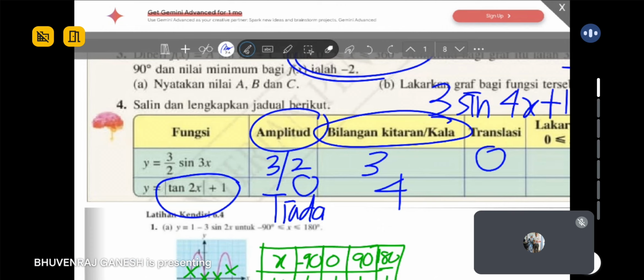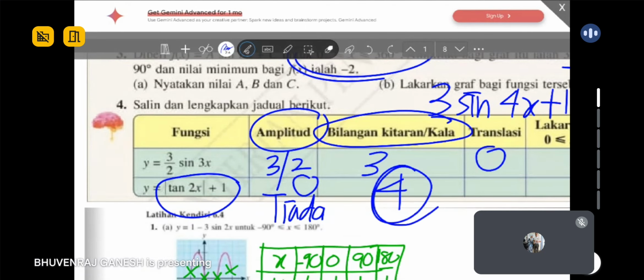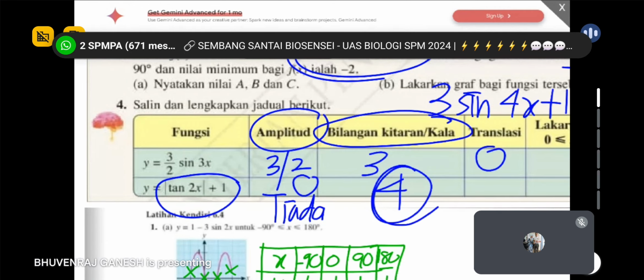Tangent graph is special. 2 ni merujuk kepada 180 darjah. But now they're asking you number of cycles. Whenever we talk about number of cycles, we are referring to 360 degrees. So 180 degrees has 2, so 360 degrees has how many? 4, right? You multiply by 2. Guna konsep nisbah sahaja. That's why your answer is 4. Can, right?